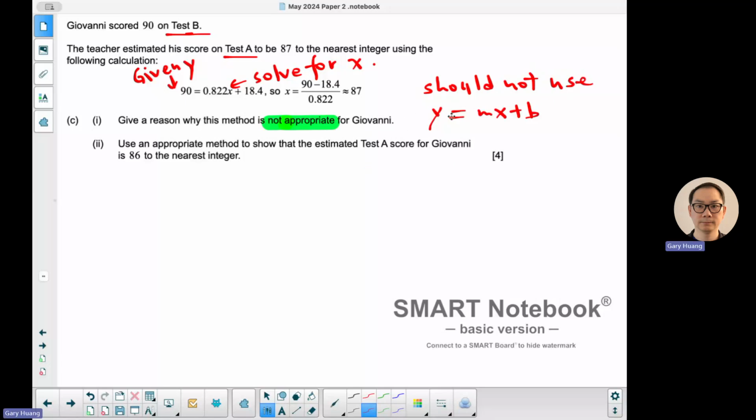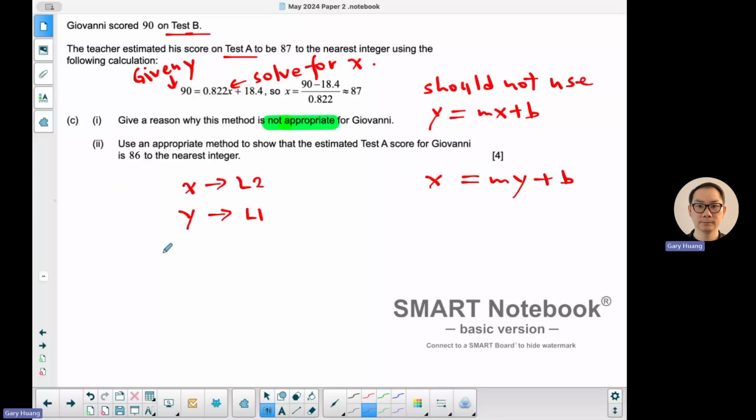But instead, what you should do is X on Y. Or in this case, make your X to be your L2 and your Y be your L1. So when you do your linear regression again, make sure you change your X list and your Y list, switch them, and you will be able to find a new regression line.